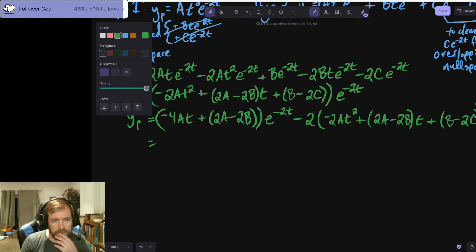So that's going to be e to the negative 2t times the quantity. Still only one squared term, so that's a negative 4. Nope, that's a positive 4 at squared.